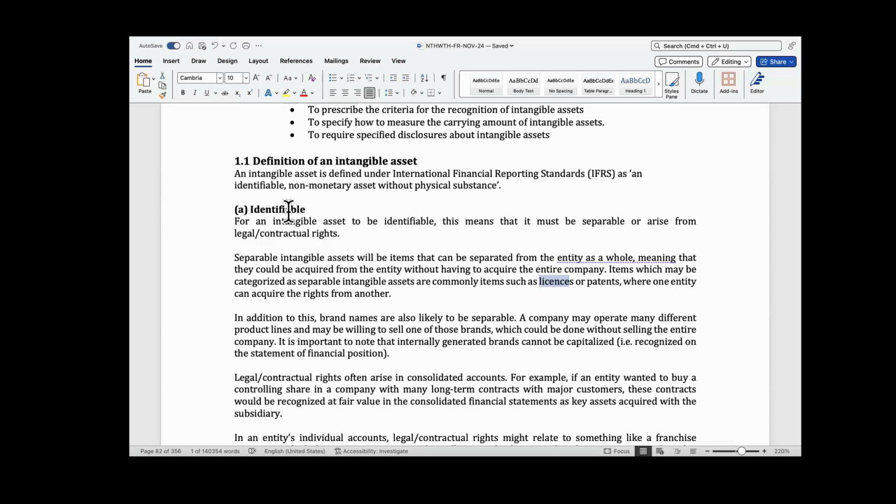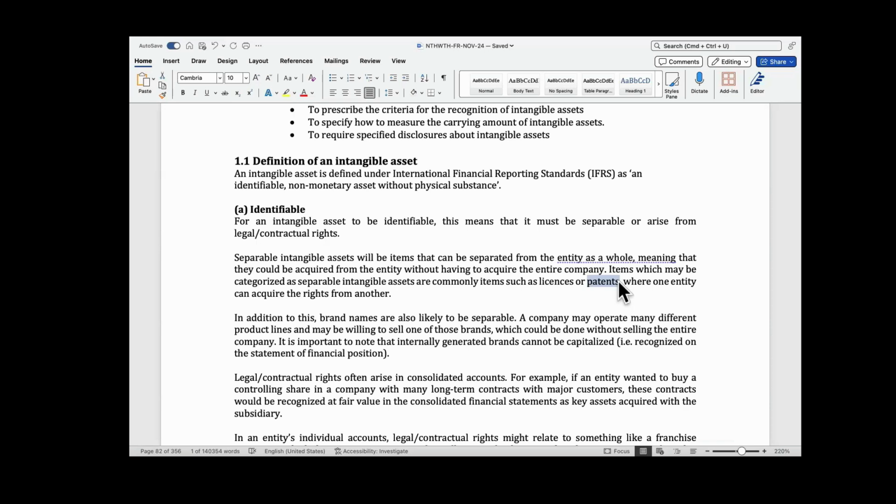And when we say separable here, it means that you can easily sell that license to another person. You can sell it separately without having to sell other assets of the company. Or a patent, when you have an invention, a technology, a creativity that you don't want any other person to just come and copy, you patent it.